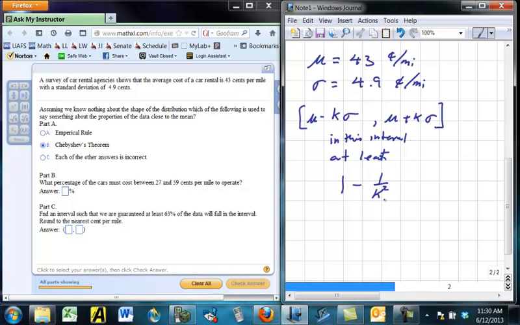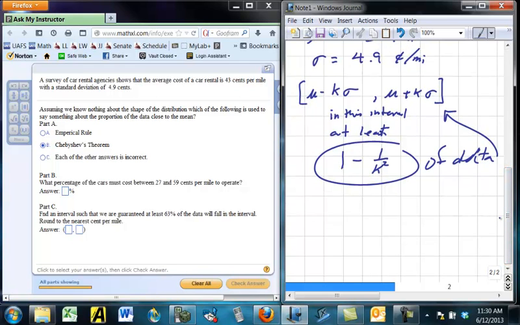That's a fraction, which we could make into a percentage or a decimal. So at least this much of the data is in that interval. We're going to use that fact here.